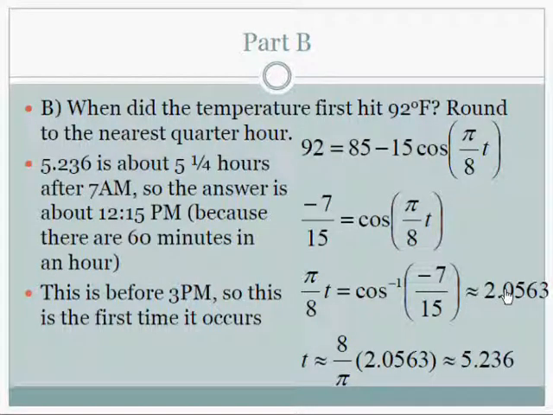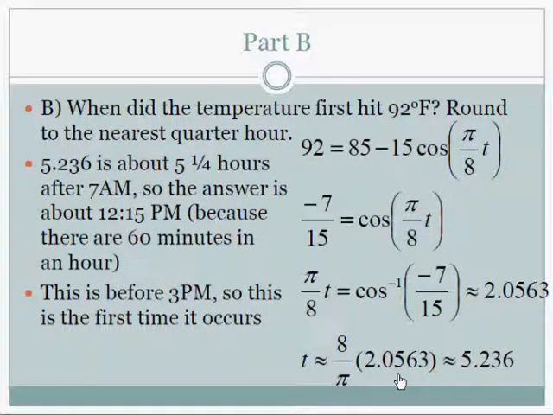To get t by itself, we multiply this number by the reciprocal of pi over 8, which is 8 over pi. So we get 8 over pi times the inverse cosine of negative 7 over 15, and that comes out to about 5.236 hours. That was the particular value of t we were looking for.